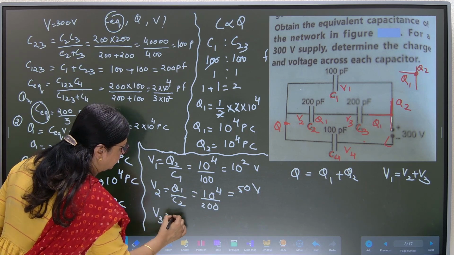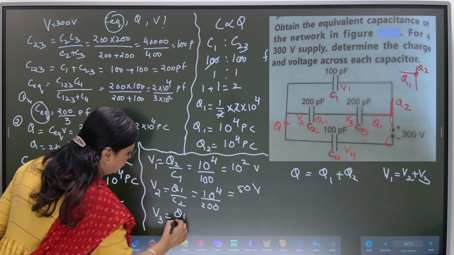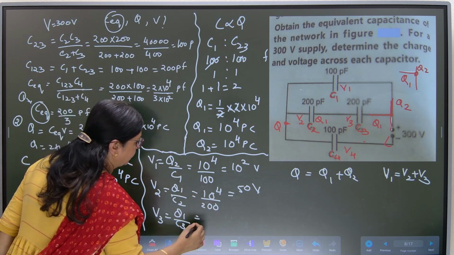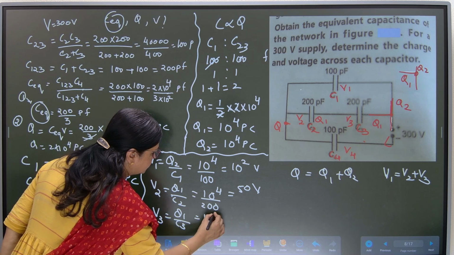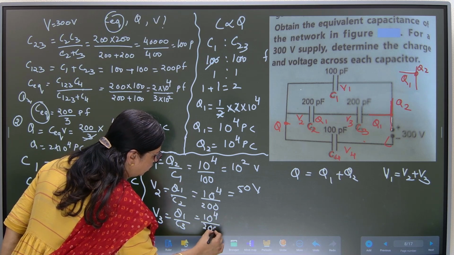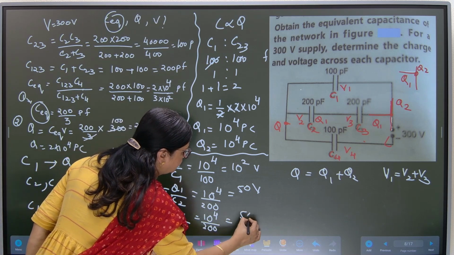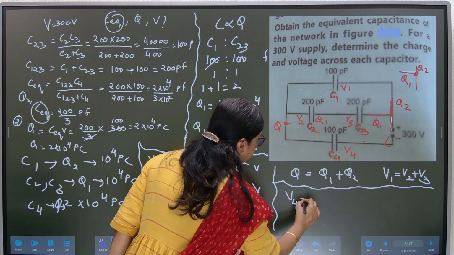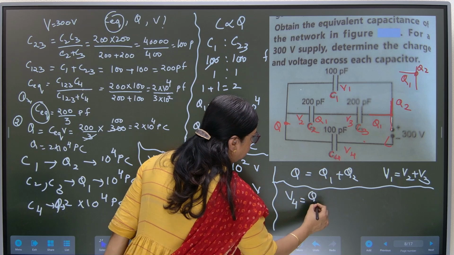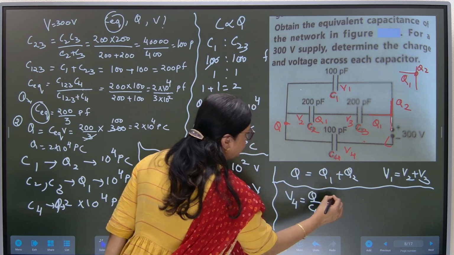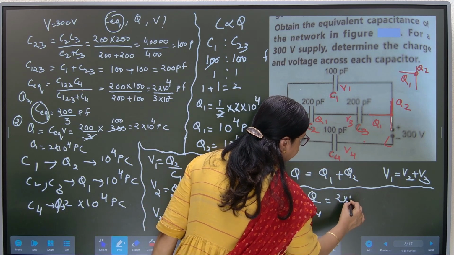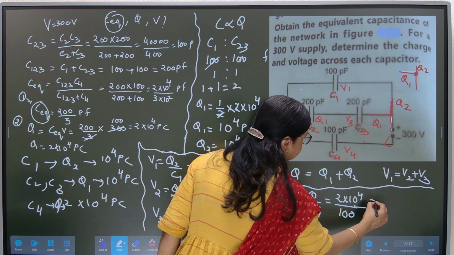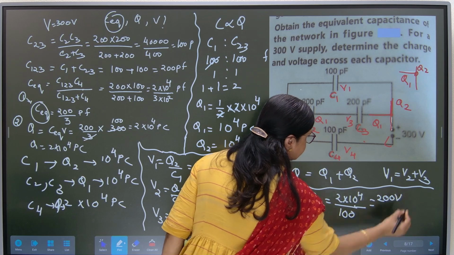V3 also has a charge Q1 upon C3, that is 10 raised to 4 divided by 200, not 100, which is equal to 50 volts. Fine. V4 is equal to total charge Q divided by C4. Q total charge is 2 into 10 raised to 4 divided by 100, which is equal to 200 volts.